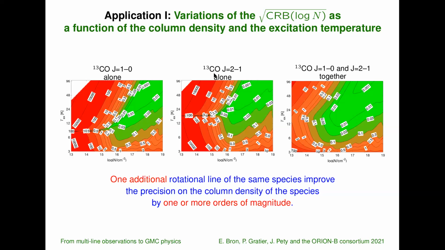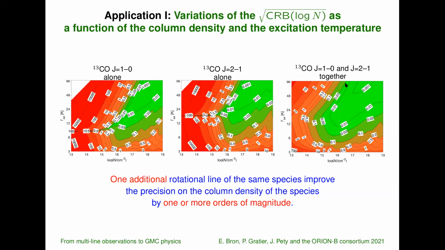Now, if you analyze the 13CO J equals 2 to 1 transition, you get something that is different in details, but similar qualitatively. The big difference happens when you analyze, or invert, both lines together.